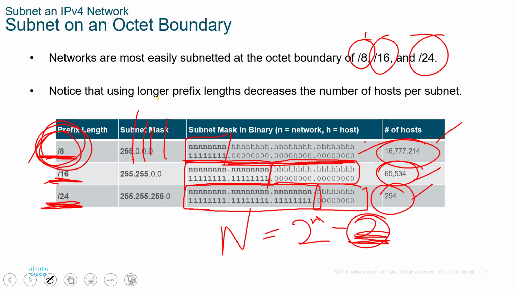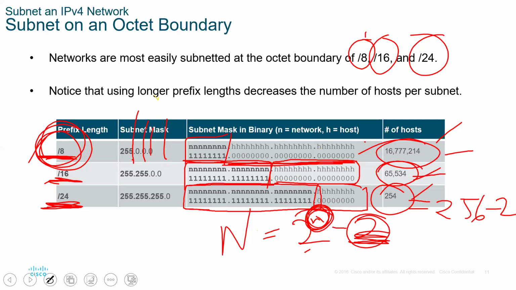So if you do 2 raised to the power of 8, you should be able to get 256. If you do -2, you should get 254. The same thing here, there is a -2. All right. So on this particular formula, what is the value of this n at the top?